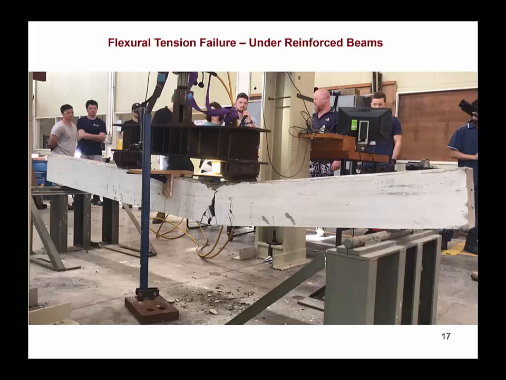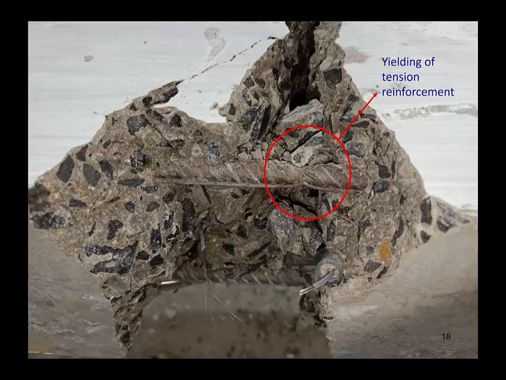Now in this beam, once it collapsed, we removed the steel, and we looked into the steel after the beam collapsed, and as you can see here, in the steel on the tension side there is a clear necking. That means the steel was already yielding before the concrete crushed.